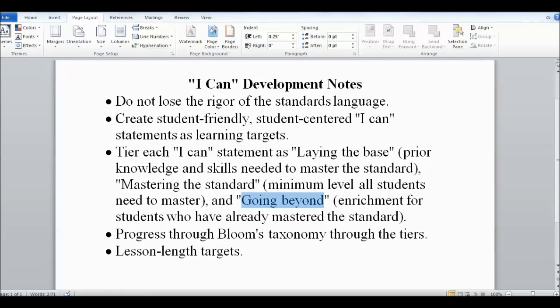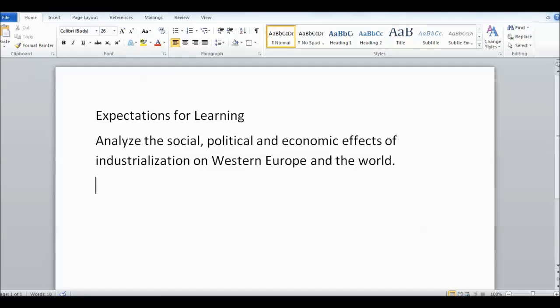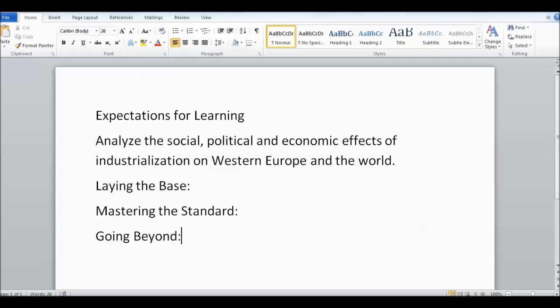standard as it's written. So as we go back to looking at our expectation for learning, we certainly want to recognize the tiers: laying the base, our prior knowledge piece; mastering the standard, which is the piece that will represent what students must be able to know and do and understand; and then going beyond, which will represent our enrichment piece.